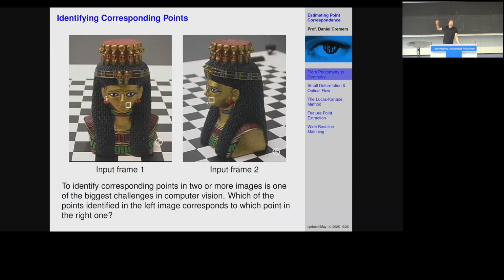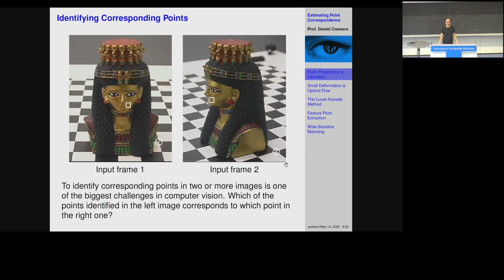And then how do you want a machine to say what this point here corresponds to in this image? Tell me, right? You look at it, it could be anywhere. The way humans go about it is by context. They look at this point, they see what's in the vicinity, the statue is standing there, and there is a white square here, and so this cannot be that point, right?